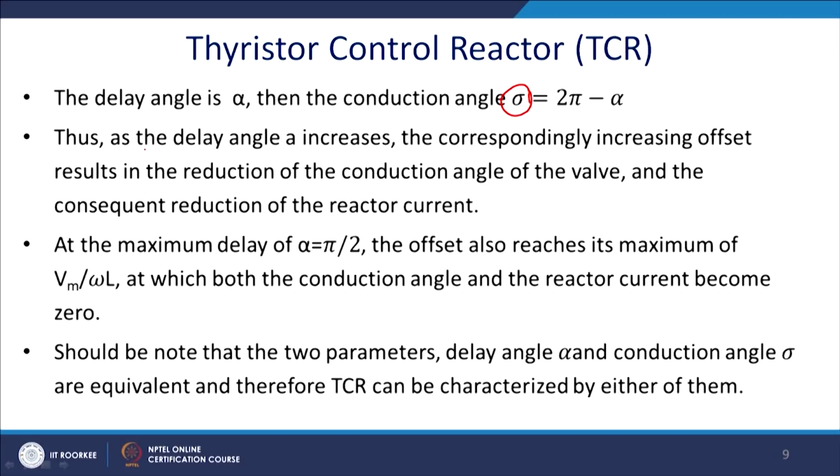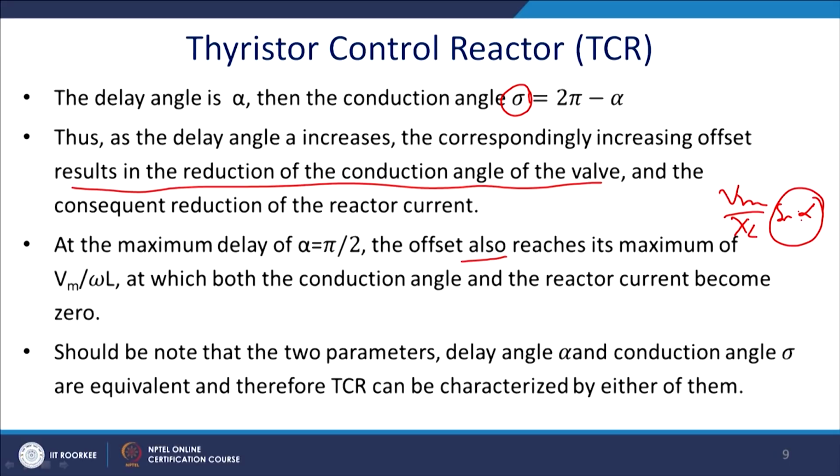Thus, as the delay angle increases, it results in a reduction in the conduction angle of the thyristors or valve, and as a consequence a reduction of the reactor current through these devices. At maximum delay, when alpha equals pi by 2, the offset reaches its maximum value, that is what I was saying: the value Vm by XL sin alpha, if sin alpha is 90, then that value is maximum.